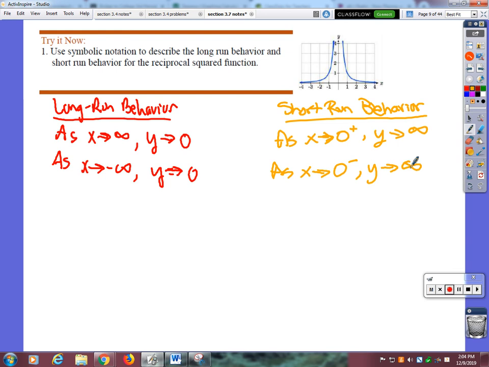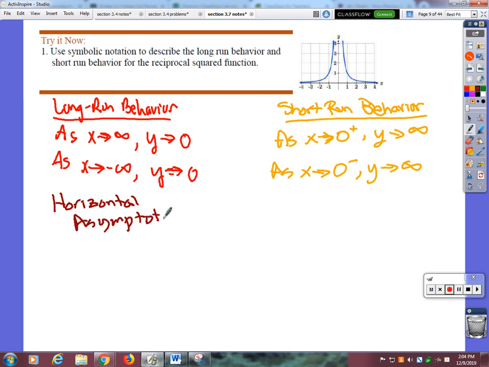So what that means is this information right here tells us what? This tells us that we have a horizontal asymptote.